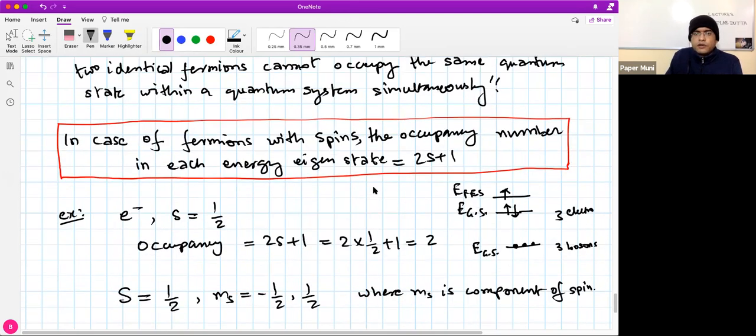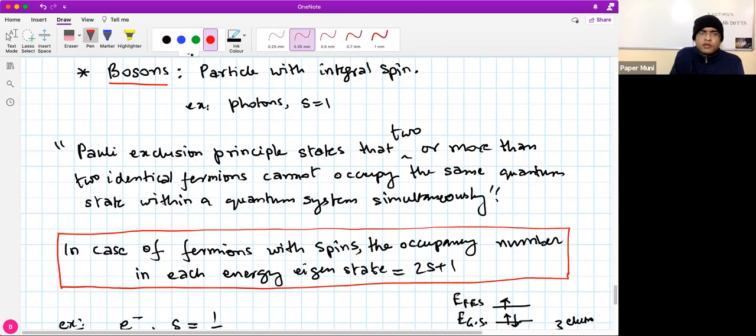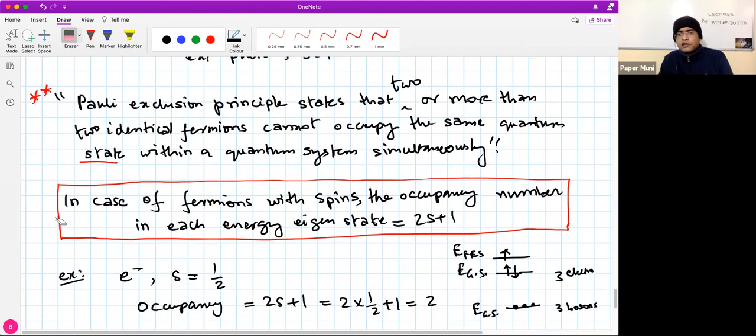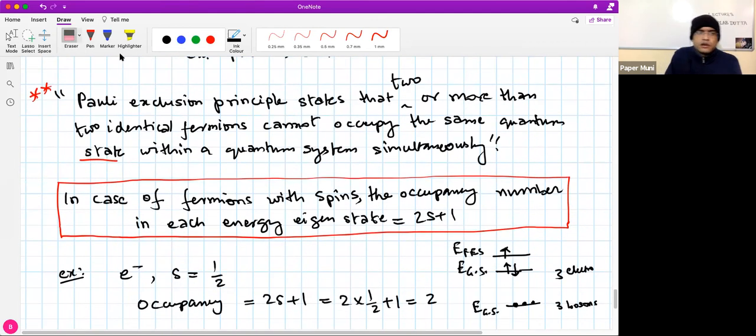Now if you look at the statement of the Pauli exclusion principle, what does it say? It says that 2 or more identical fermions cannot occupy the same quantum state. When we talk about quantum state, we are actually talking about the energy eigenstate. Let me write it down.